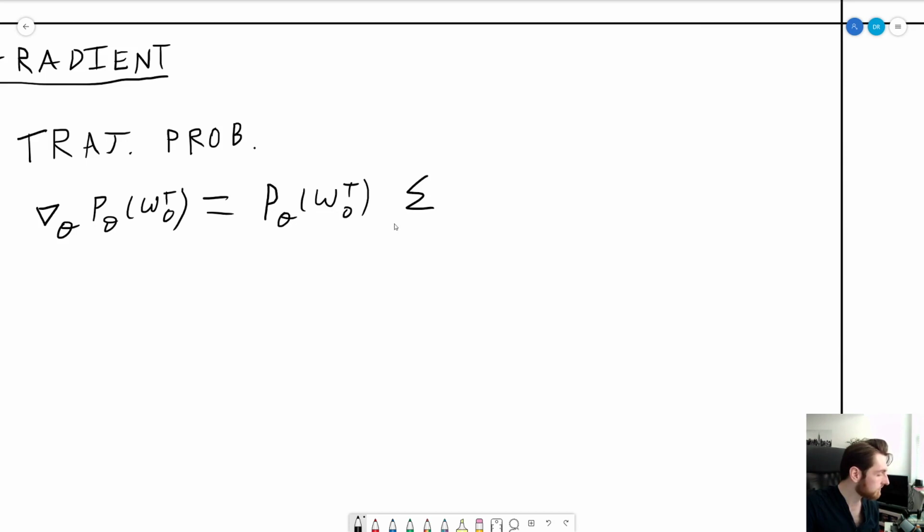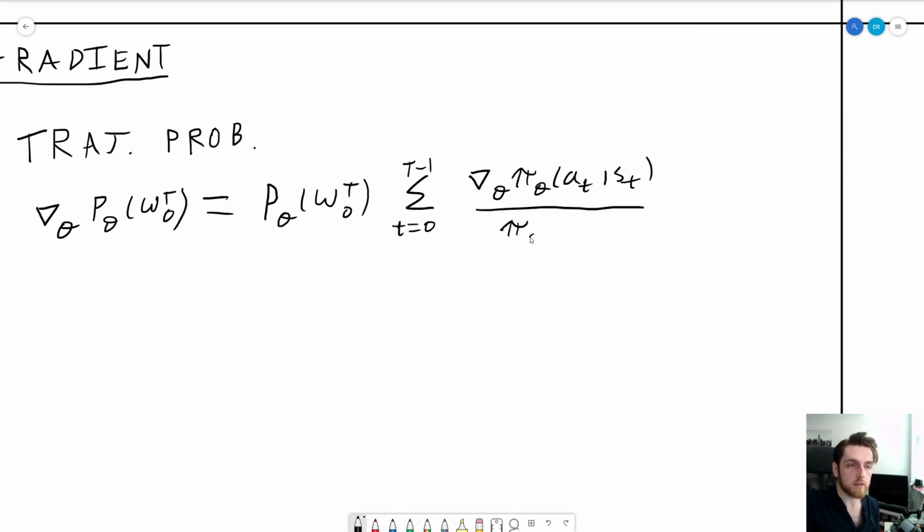Then for each time step, we have the derivative of the policy at that time step divided by the policy at that time step. This term on the bottom is just a reintroduced ratio of pi over pi, in order to have that trajectory probability at the front of this equation.